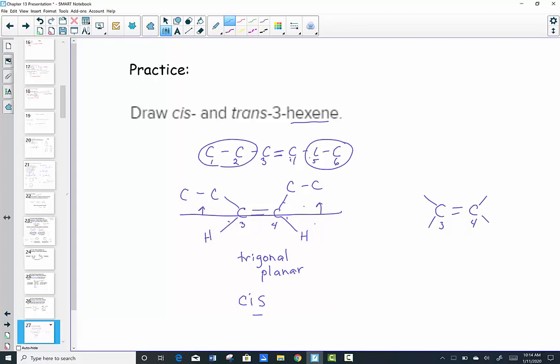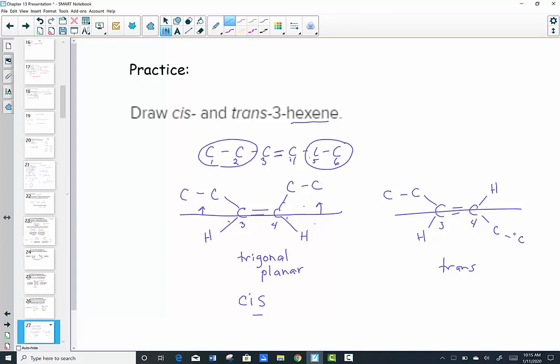So I'm going to place carbon 1 and 2 on top, and on the bottom of the plane, I'll put carbon 5 and 6, meaning that the H's are on opposite sides as well. So when the carbon chain starts on top of the plane and ends below the plane, or vice versa, we have the trans configuration. Now in a line structure, what would that look like?